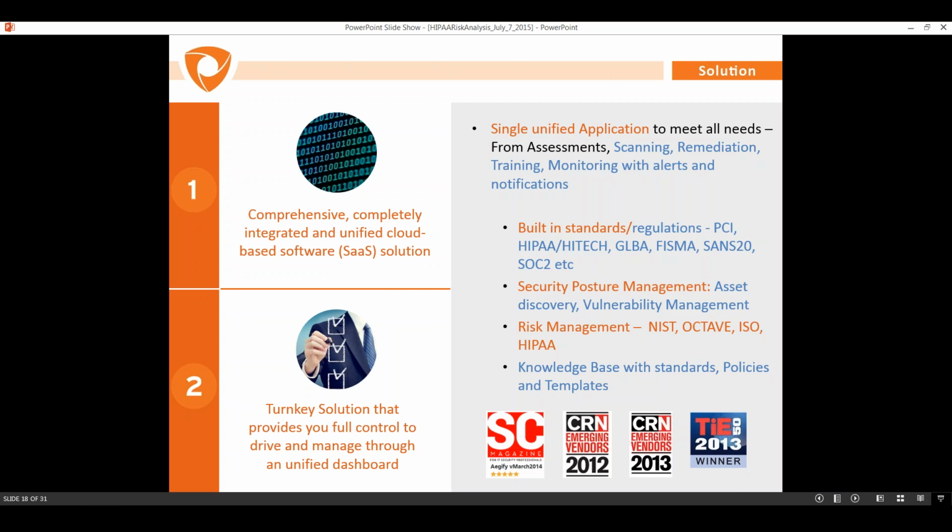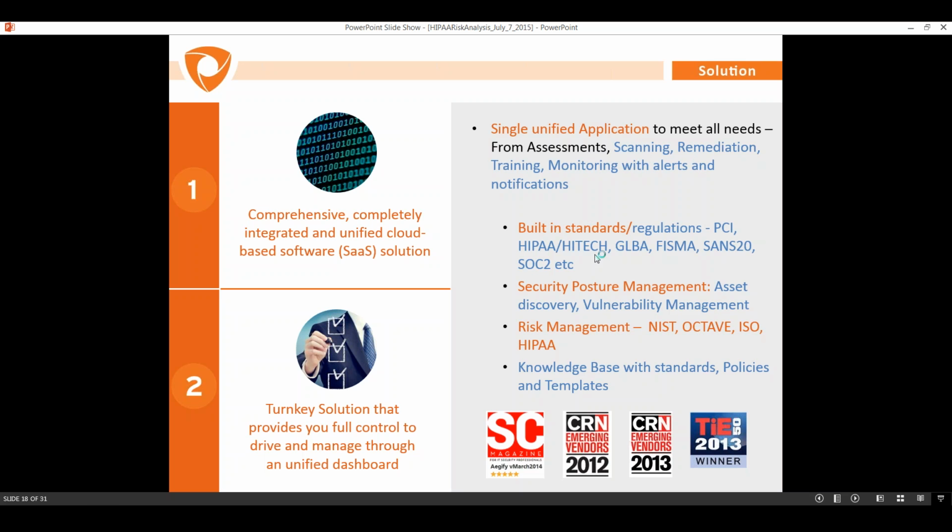So what is Agify? Agify, as I mentioned earlier, is a comprehensive solution for security risk and compliance management. While HIPAA is one of the key regulations supported, really the solution is vertical agnostic. It has built-in solutions for assessment, scanning, remediation, and monitoring in an ongoing fashion, so that once you do it, you can repeat the process and automate the entire process. It's got a built-in compliance assessment tool.